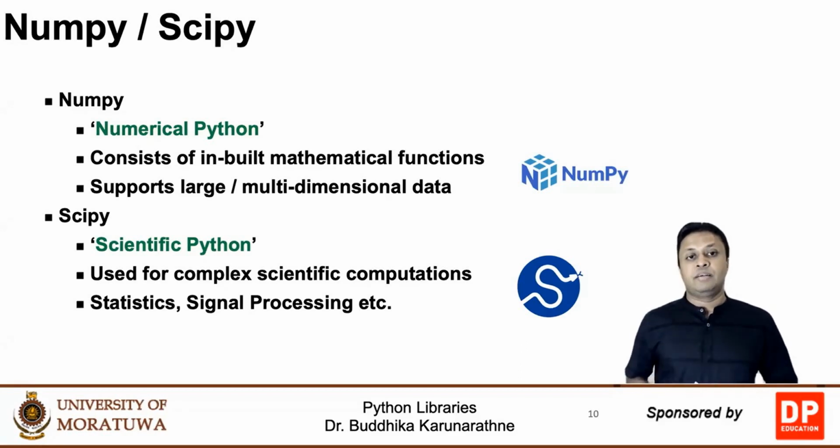And moving on, SciPy is a well-known Python library for scientific computations. It actually uses NumPy for numerical calculations, and on top of that, provides modules to represent scientific concepts. Some of the capabilities include statistical modeling and signal processing techniques.